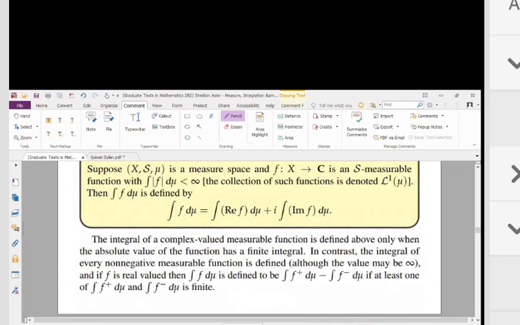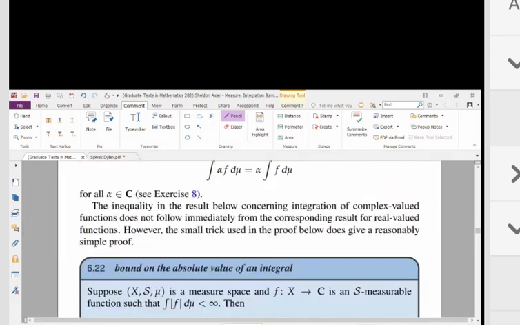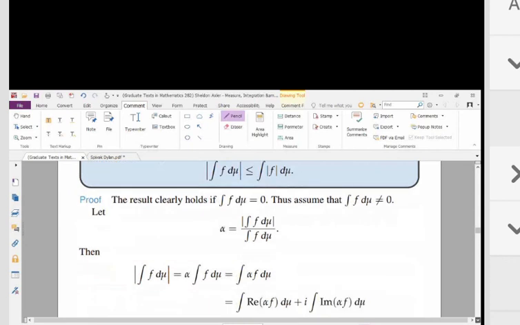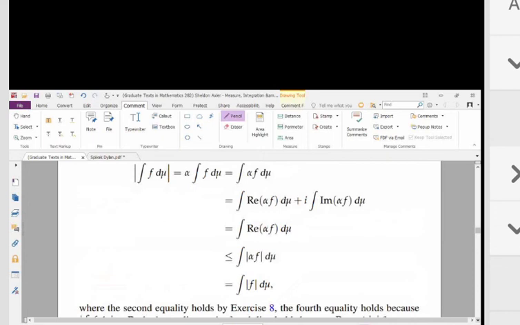Our function in this theorem is alpha f. Okay, the integral of alpha f equals this. But this equals this because we know that this is a real number. This is a real number.